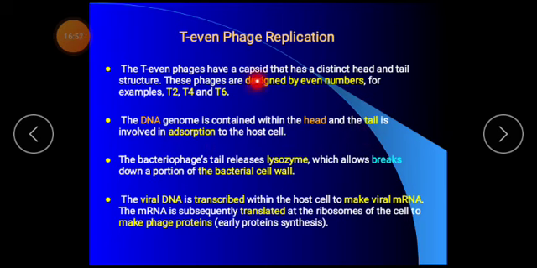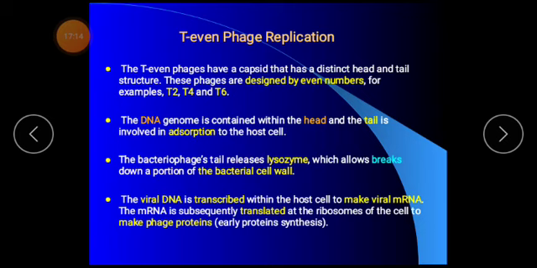We know that in the stages of viral replication we include the stage of adsorption. So for the T-even phage, the DNA genome is contained within the head, and the tail is involved in the process of adsorption as a stage of viral replication.